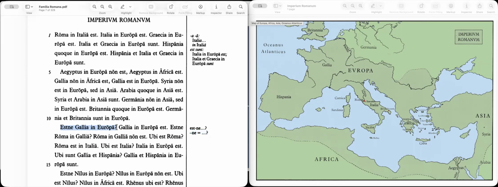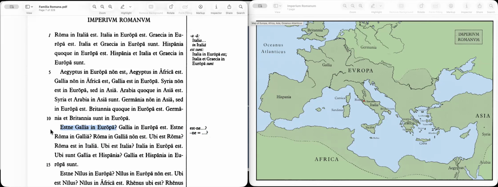What does this sentence mean? Estne Gallia in Europa, and it has a question mark. So this must be a question, right? Do you add ne to est when you're asking whether something is? Yes.